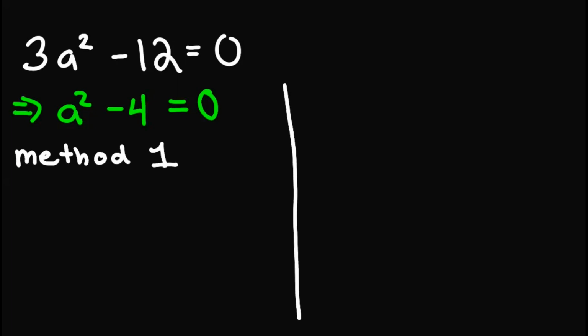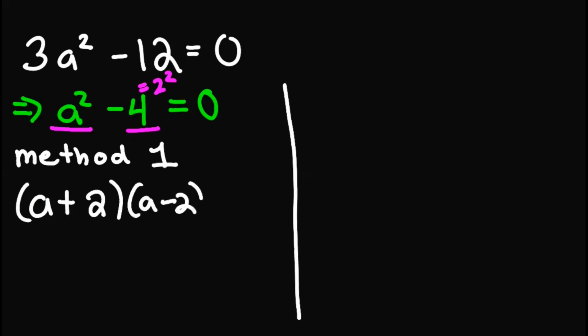So observe that this one is a square, and 4 is also a square since it is equal to 2 squared. And since it is separated by the minus sign, we can apply the difference of two squares. So we'll have a plus the square root of 4, which is 2, times a minus 2 equals 0.